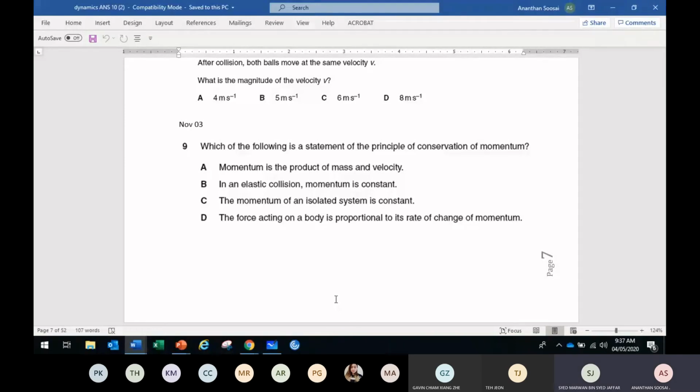Which of the following statements is the principle of conservation of momentum? What does the principle of conservation of momentum say? For a closed system or an isolated system, the total momentum must be conserved. So which is the answer?